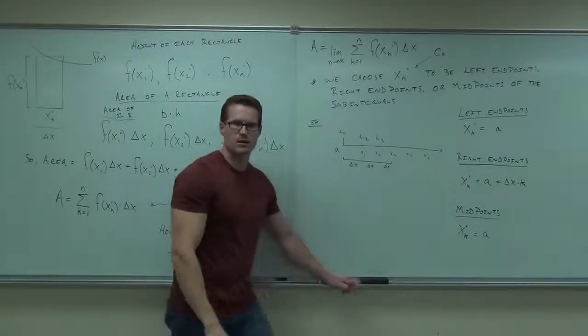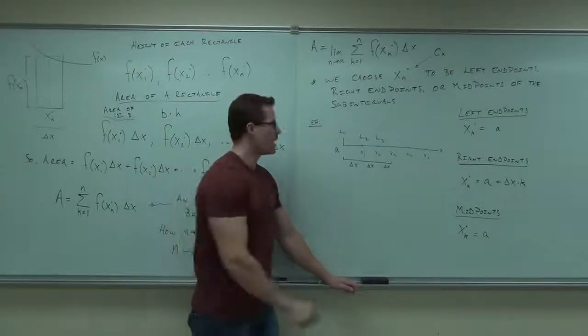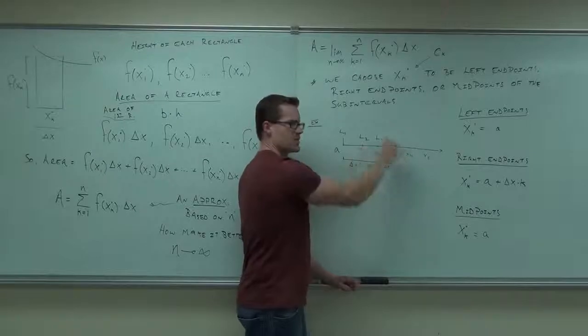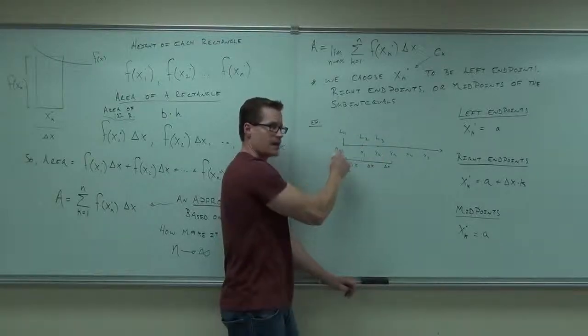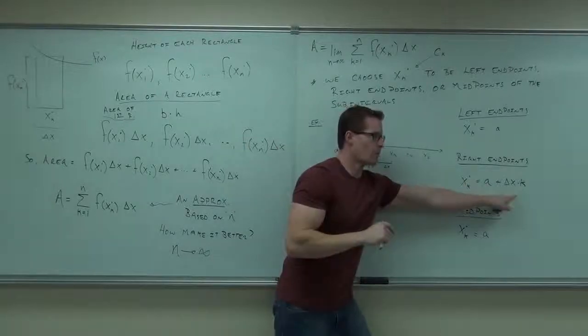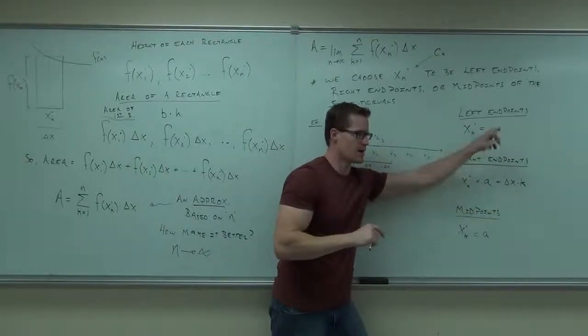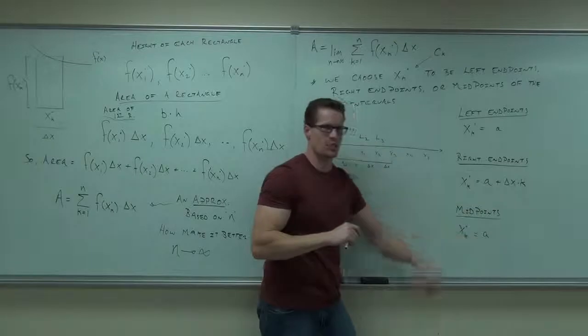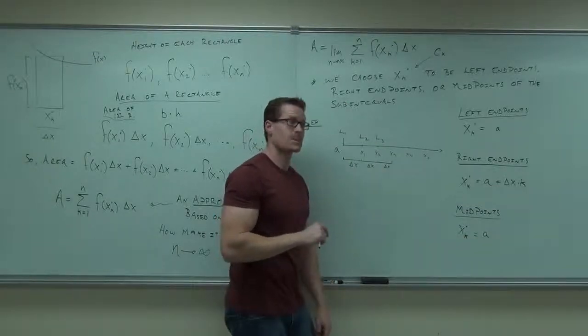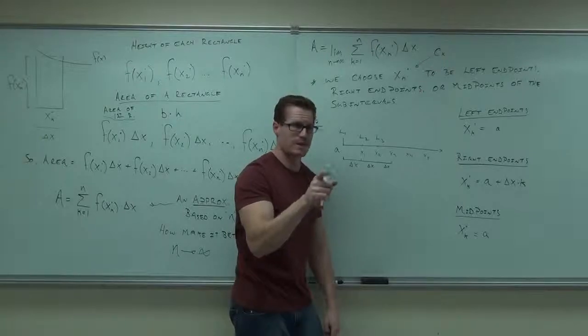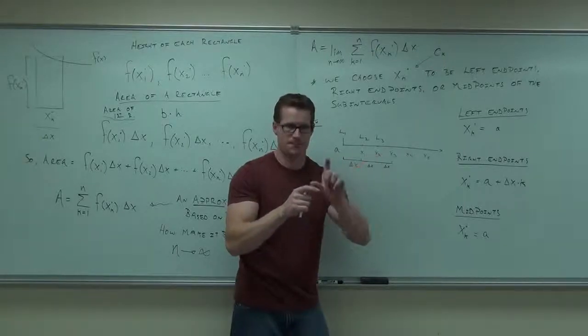Did you get that? So, what's going on? I'm actually hitting pretty much the same exact values, aren't I? Except I'm starting one earlier. I'm starting on my A. So I need to slow this one down by 1. If I slow this one down by 1, I'll have my left endpoints. How do I slow this one down by 1? K minus 1? Subtracting 1 from k is the same thing as subtracting delta x.